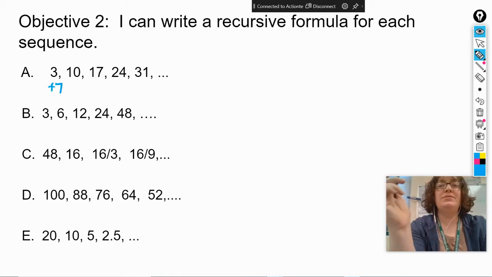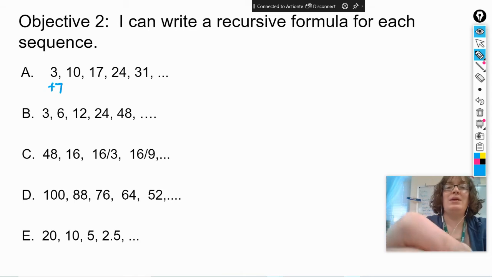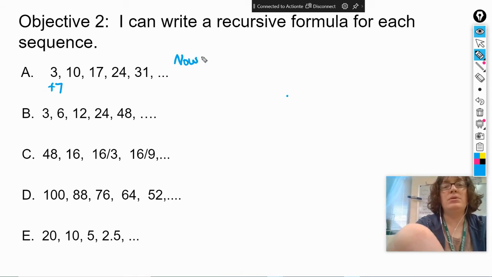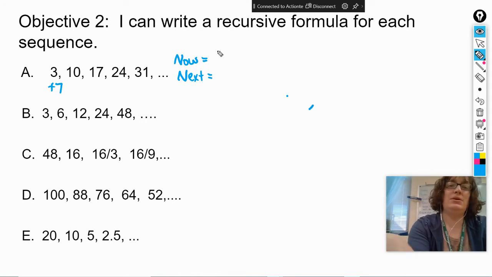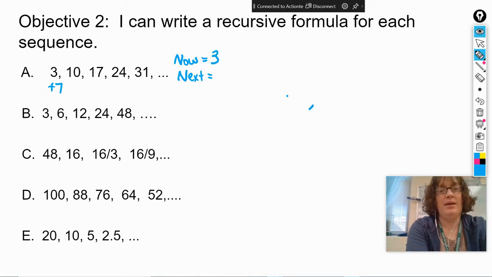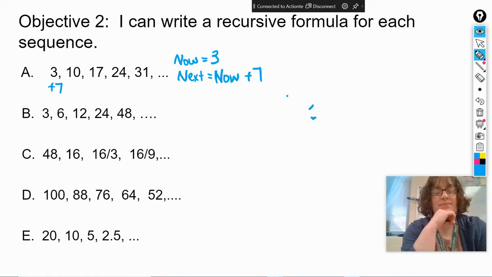A recursive formula, remember, is the one that starts with the now equals and the next equals. In this case, the now is where the sequence begins. So the sequence begins at 3. And the next is formed by adding 7 each time. So we're going to take the now and then add 7.